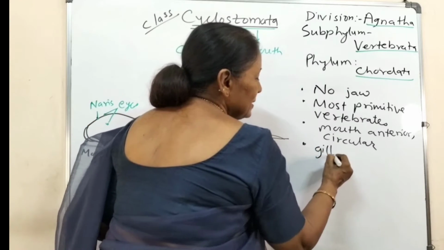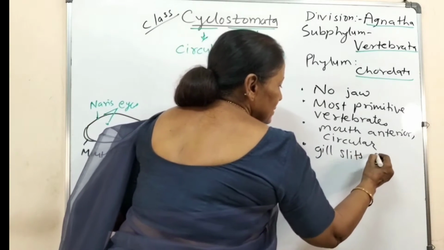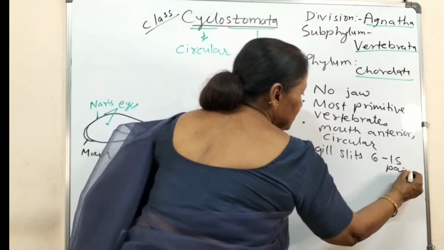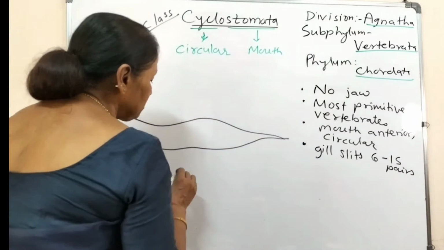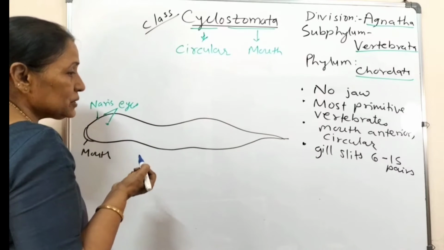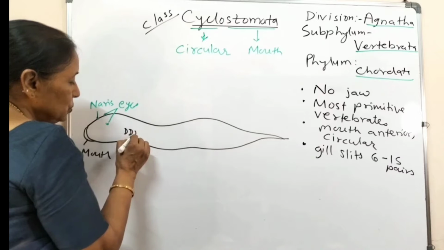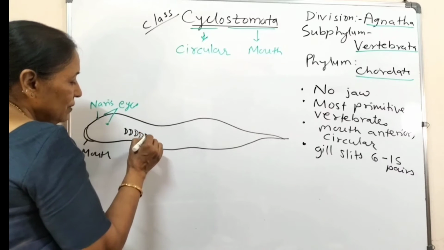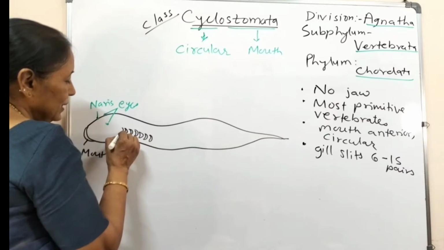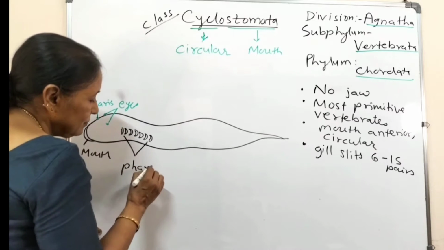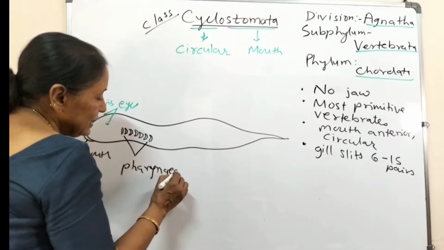These gill slits may be 6 pairs to 15 pairs. But this is Petromyzon we are showing. In case of Petromyzon, it is 7 pairs: 1, 2, 3, 4, 5, 6, 7. So these are the pharyngeal gill slits.